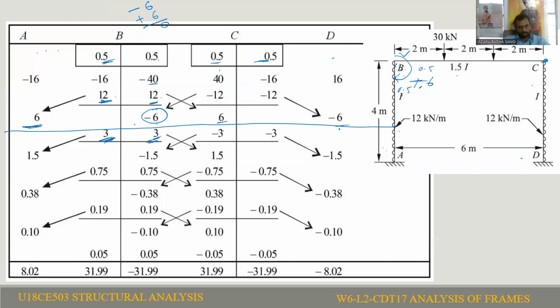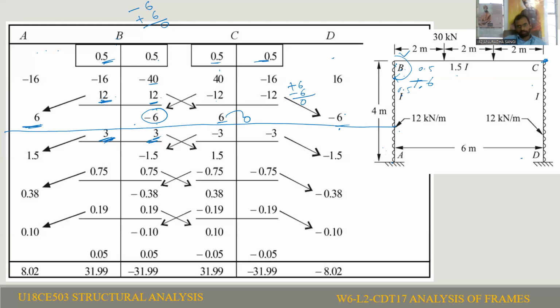Similarly for this joint also, we need to calculate the unbalanced moment. Unbalanced moment is plus 6. To balance it, we have to add minus 6.